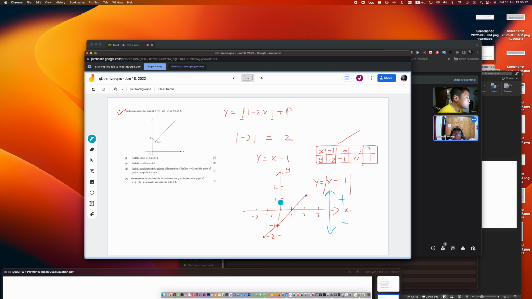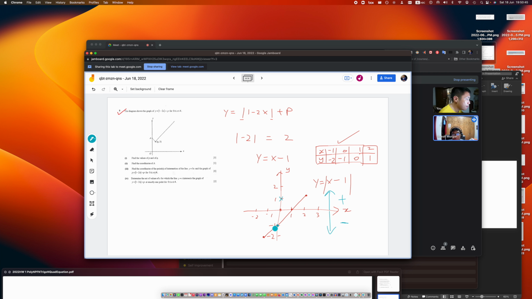So when you have a modular sign, that means all the negative region here, this region, will be flipped positive. Your point negative 1 here will be flipped to 1.